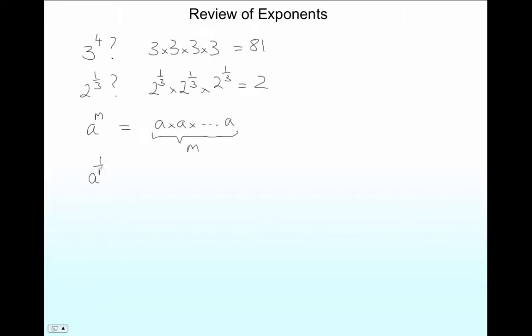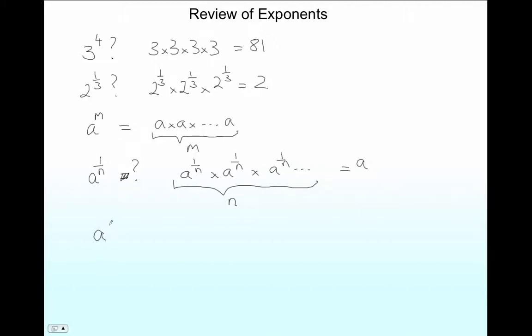Similarly, if I have a to the power 1 over n, and both m and n are integers, then the meaning of this is that if I take a to the 1 over n and multiply it by itself n times, I am going to get a. So that's the way to define a to the power 1 over n.